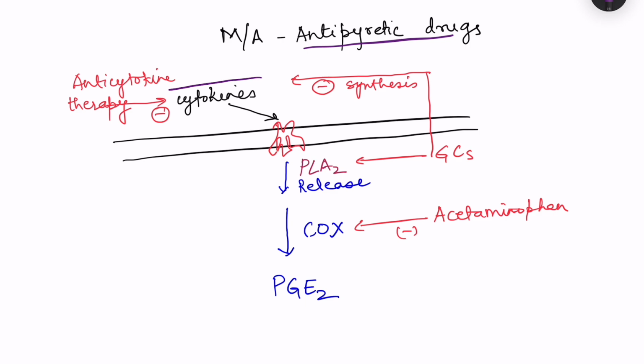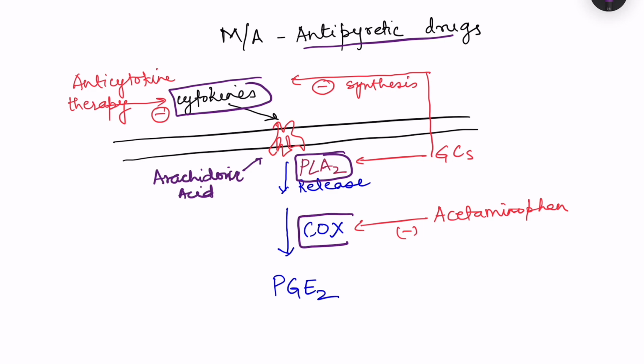Here it is shown cytokines acting on the endothelium, and there is activation of phospholipase A2 by these cytokines, and this phospholipase A2 causes the release of arachidonic acid, which is a lipid present on the membrane. Once this is released, the cyclooxygenase enzyme acts on the lipid forming prostaglandin E2.